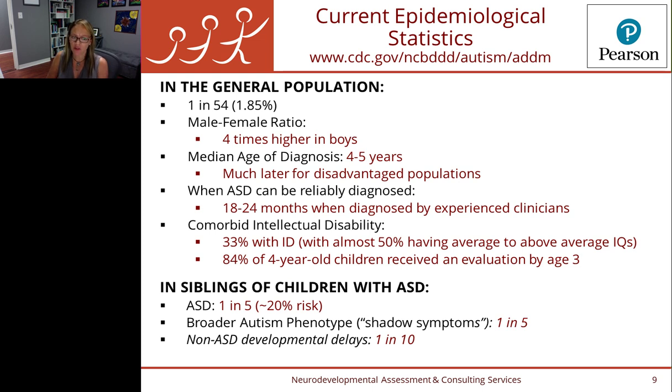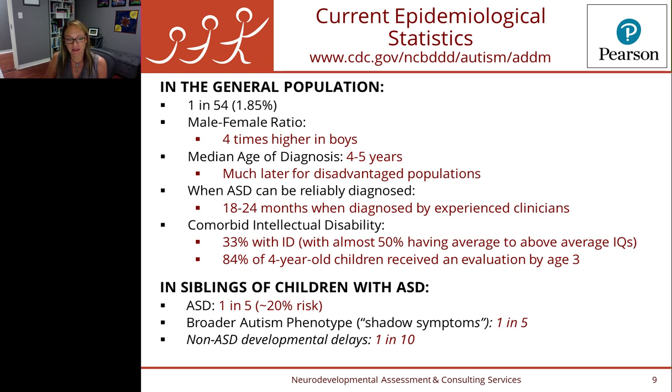And then about 1/3 of individuals who are diagnosed with autism will have comorbid intellectual disability. And thankfully, we're getting better at identifying children with autism prior to the age of 3, but we still have a long way to go.